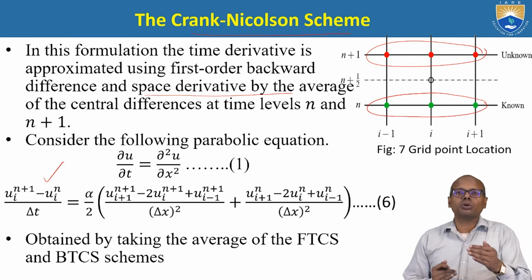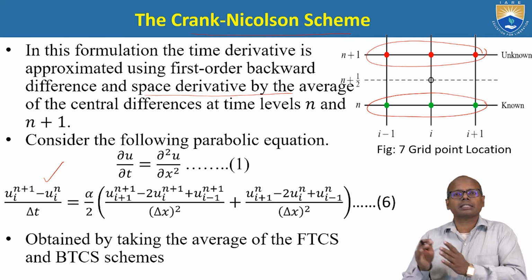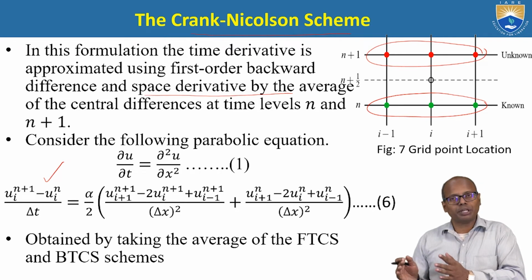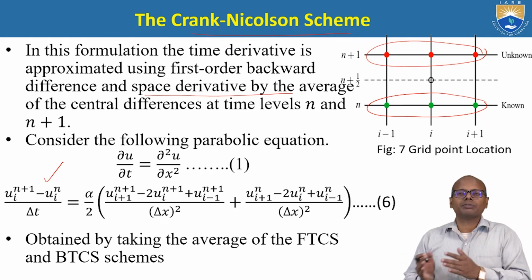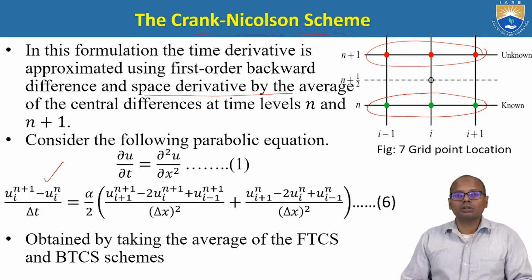We have two levels, n and n plus 1. At both levels, I am taking the central difference in space and taking the average of the central differences for the nth and n plus 1th levels.